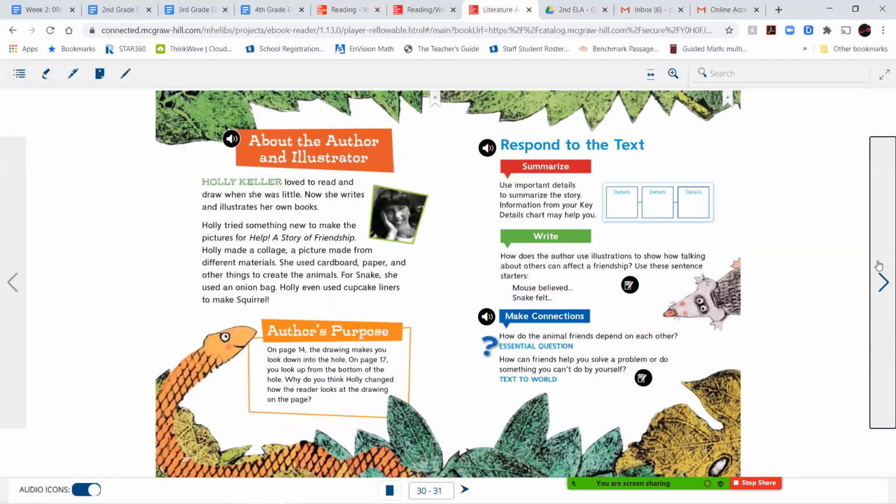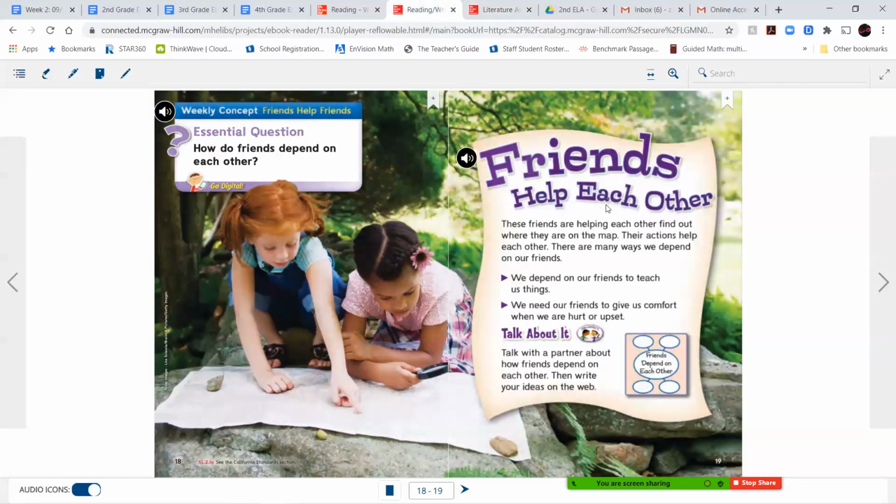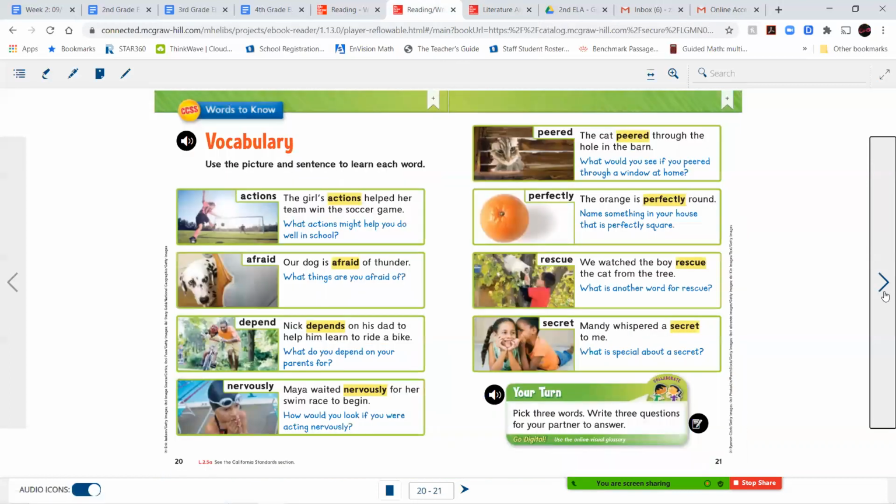Okay, so now we've reached the end of our first story, and we're going to go ahead and hop into our small book, or our reading and writing workshop book. So before we do that, when you open up your reading and writing workshop book to Unit 1, Week 1, you're going to come across the vocabulary page, and it's going to give you some example sentences using your vocabulary words.